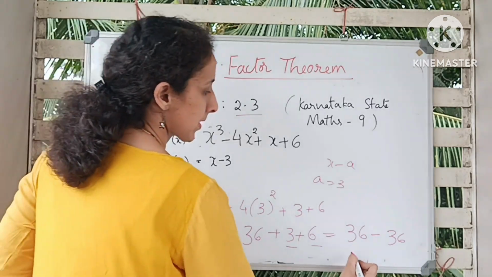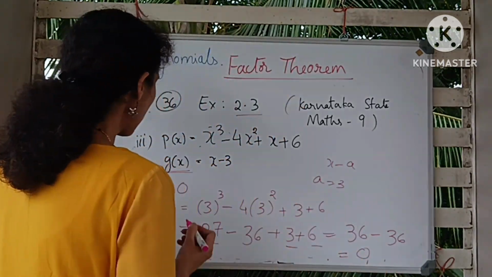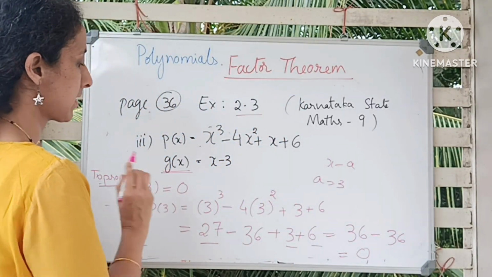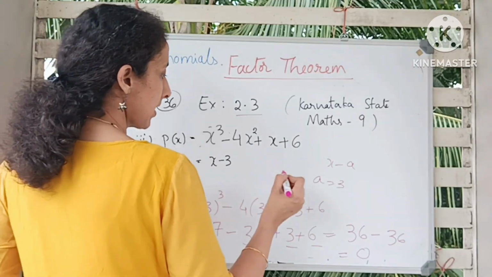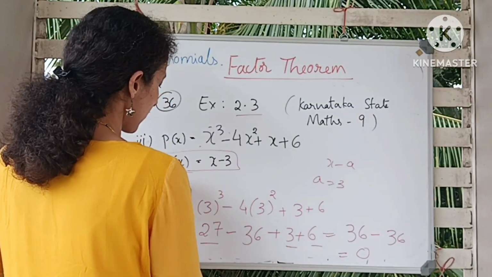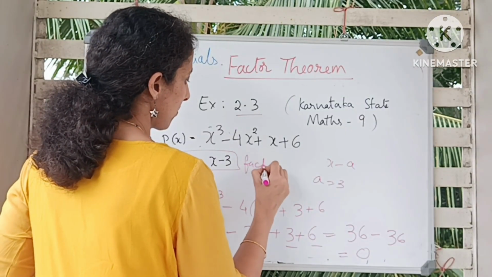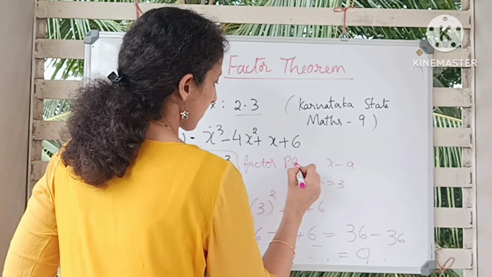Addition of these is equal to 0. So we get p of 3 is equal to 0. That is why g of x is a factor of p of x.